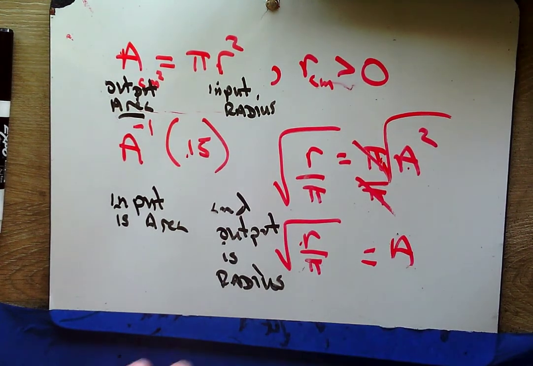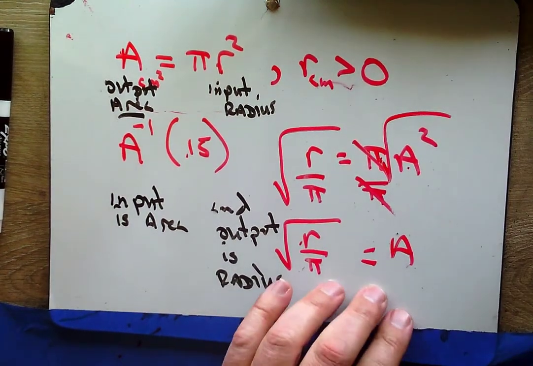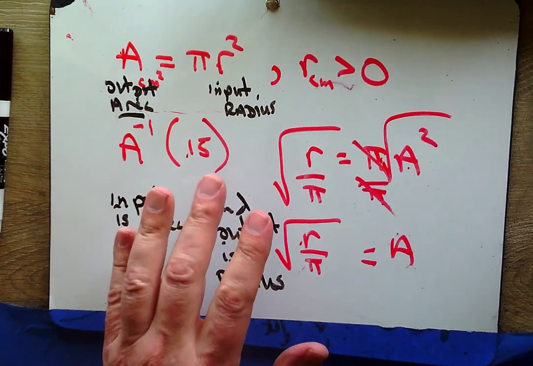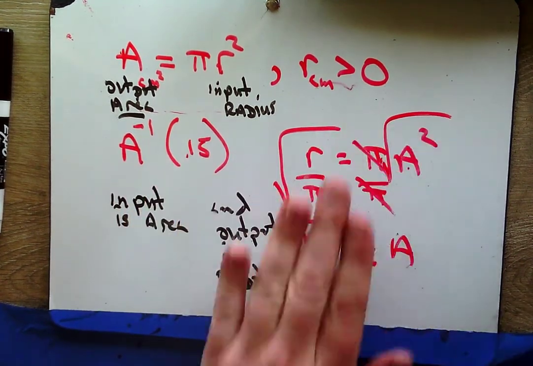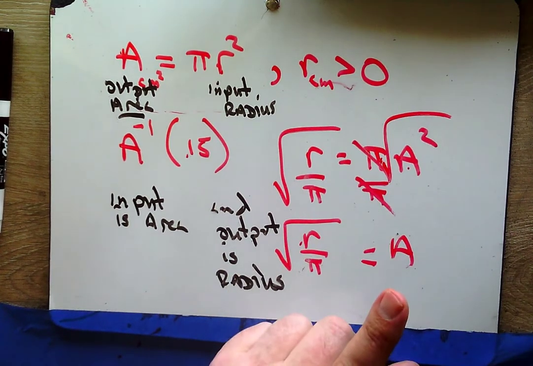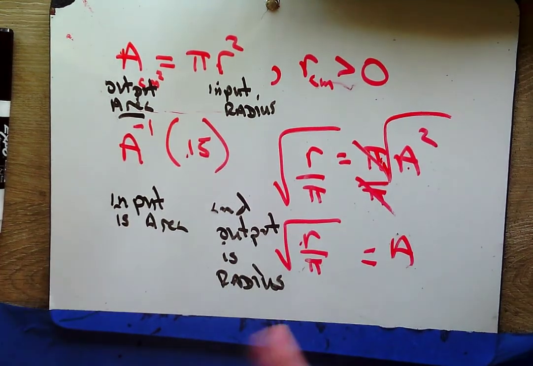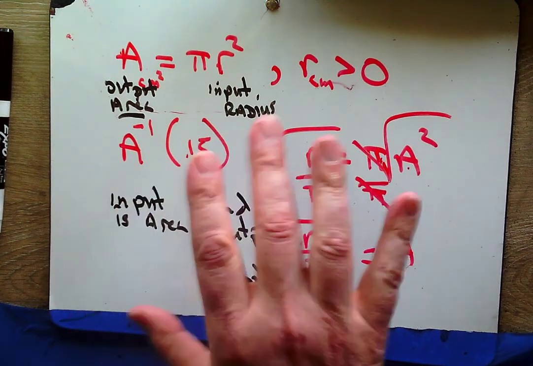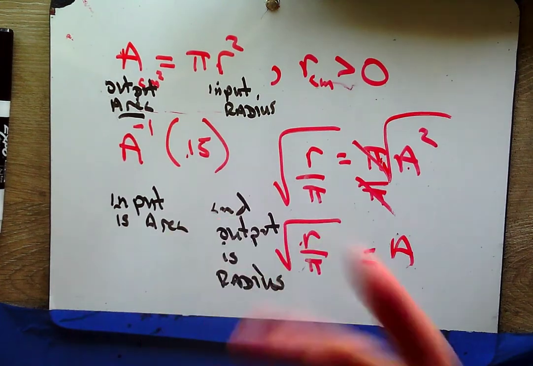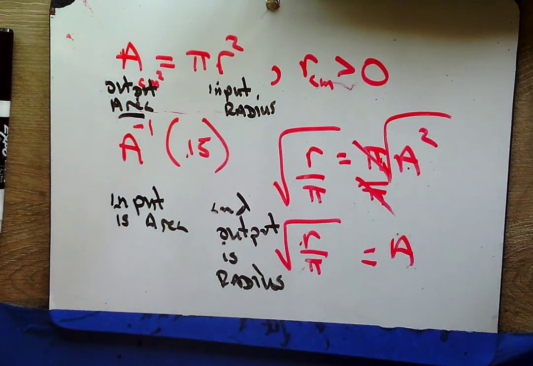So I'm hoping that many of you, if not most of you, understand what I'm talking about. Switching the inputs and outputs, it's not working for me here. Why? It worked yesterday. It even worked during the bell work when I took those points, those ordered pairs on the graph of the function, and then flipped the x's and y's on the ordered pairs, and there I had a graph of the inverse.